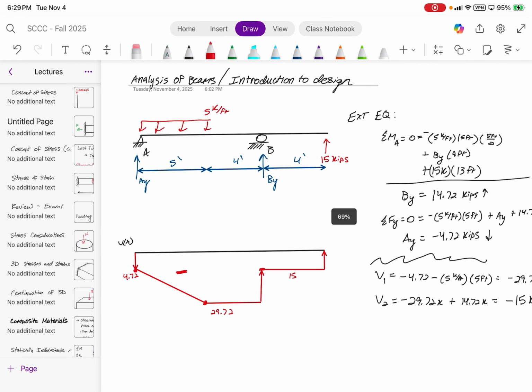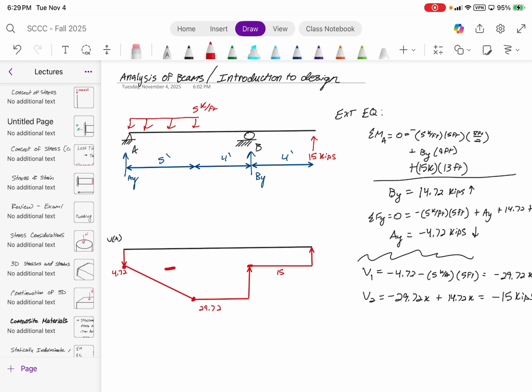So what this means is our beam is basically subjected to negative shear the entire time. Are there any questions about how this was obtained at all?